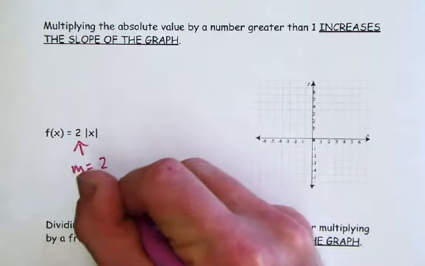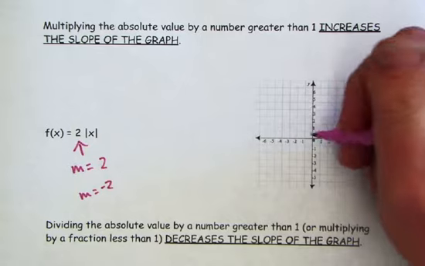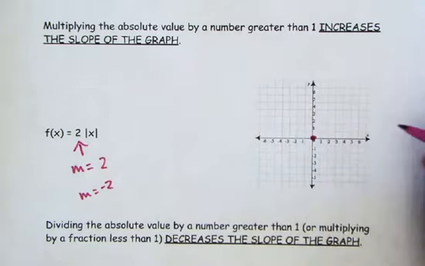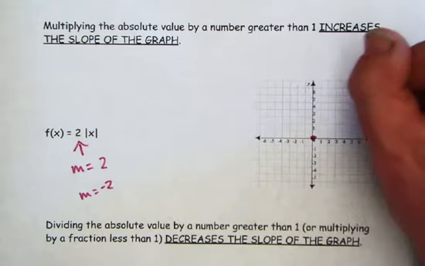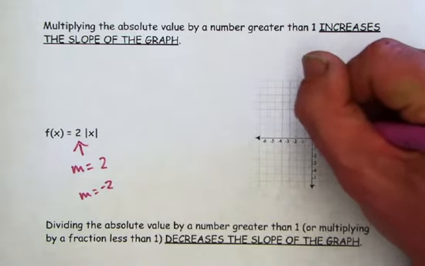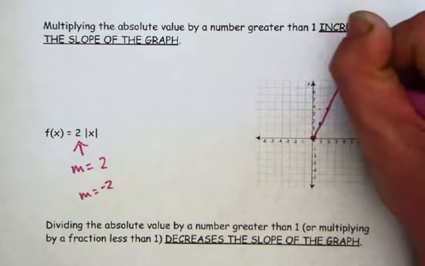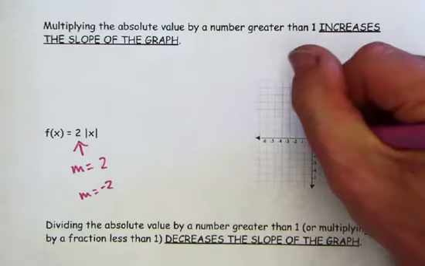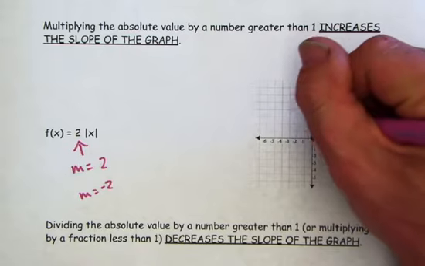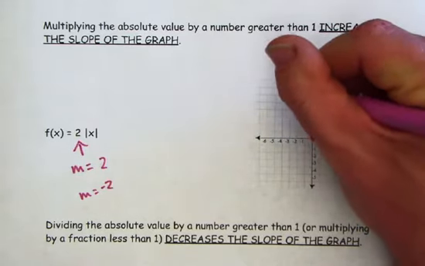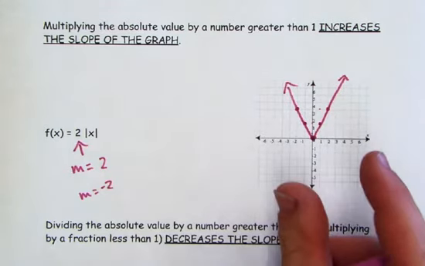Or negative 2. And you're going to see what I mean by that. So here we're going to have the same 0, 0, right? But now, instead of going up 1 over 1, we're going to go up 2 over 1, up 2 over 1. So our v gets thinner. And here we're going to have the negative 2 slope. So up 2 over 1, up 2 over 1. And we have a thinner or narrower v.